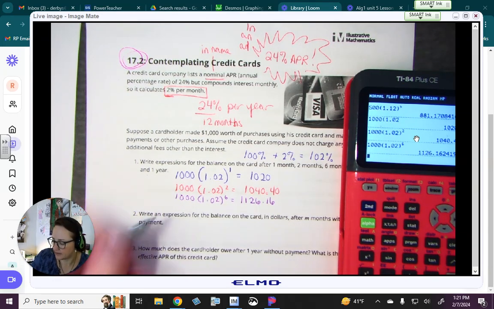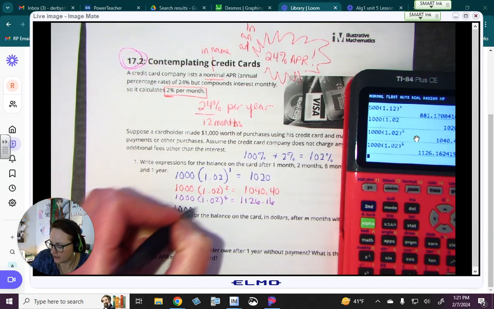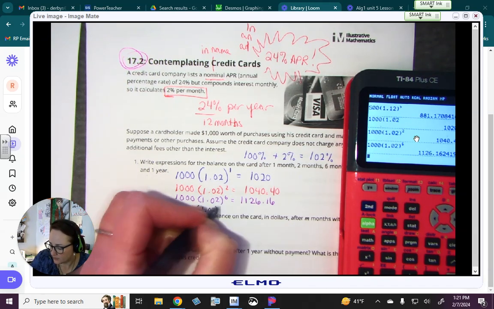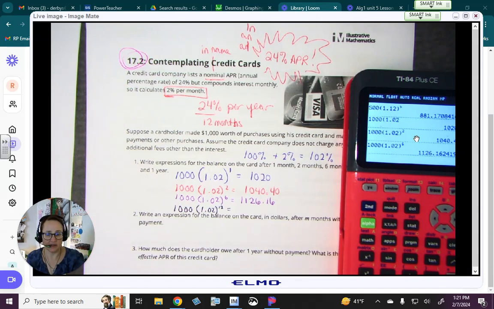And last but not least, 1 whole entire year, 1.02, 12 months in a year.